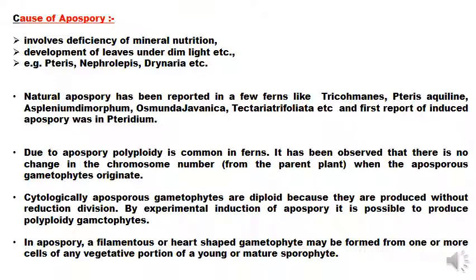Similarly, in case of Apospory also it is affected by the presence of dim light or less amount of mineral nutrition. Natural Apospory happens in Pteris, Osmunda and Trichomanes, and sometimes we can also induce Apospory or generate Apospory inside the laboratory.